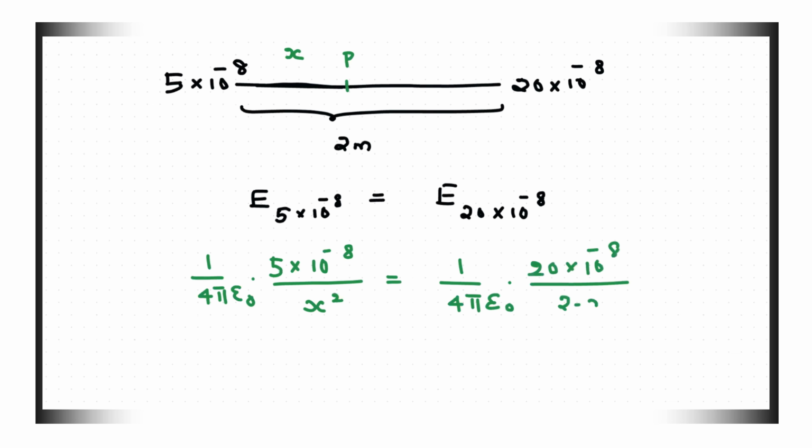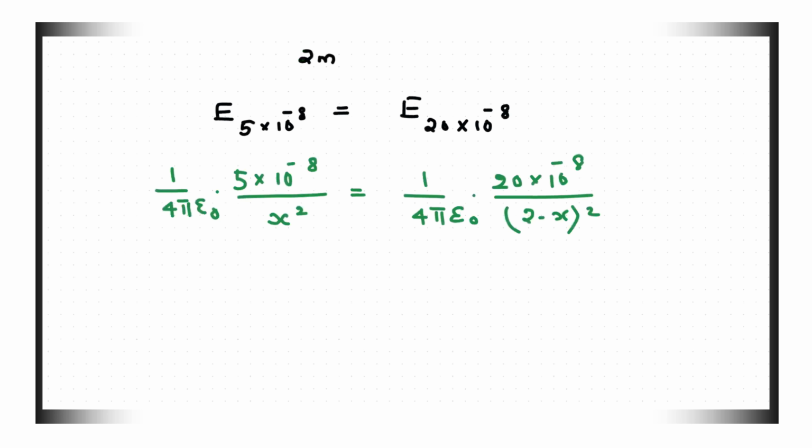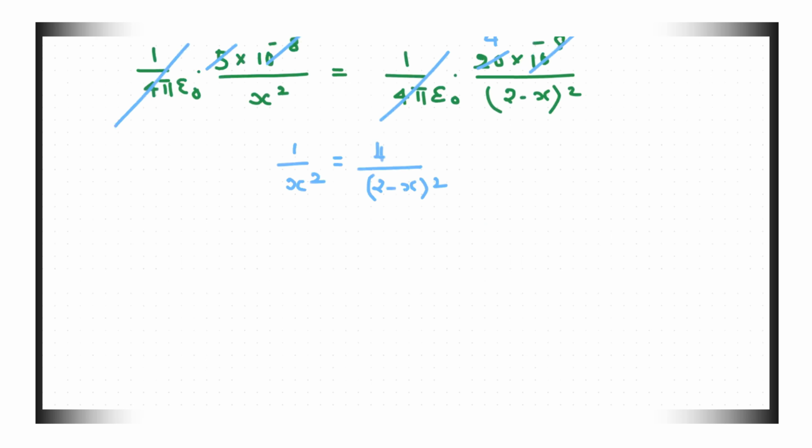We can cancel 1 by 4 pi epsilon 0 and 10 raised to minus 8, and 5 will go 4 times. So we get 1 by x square is equal to 4 divided by 2 minus x the whole square. Rather than going to the quadratic form, you can take the square root on both sides. We get 1 by x is equal to 2 divided by 2 minus x.